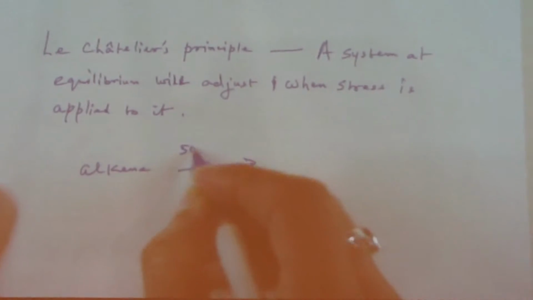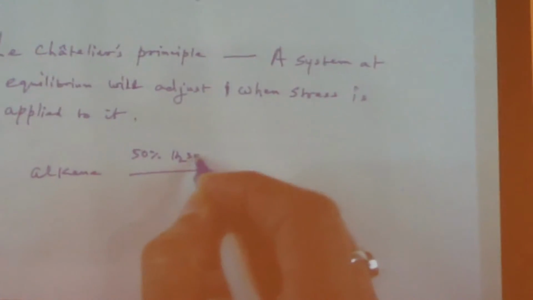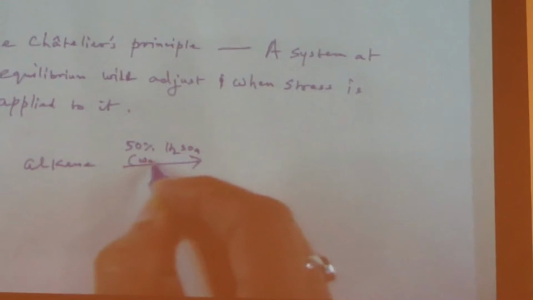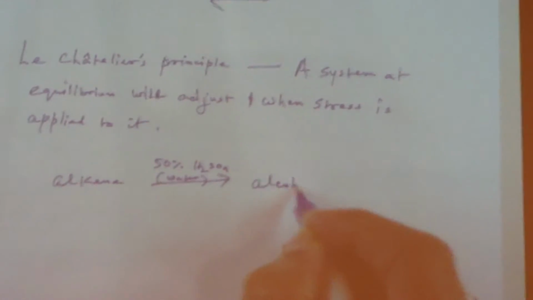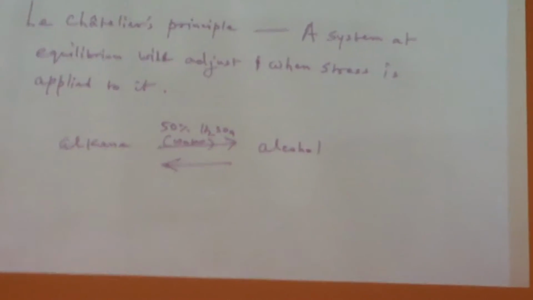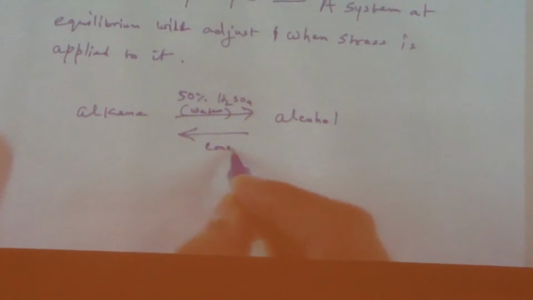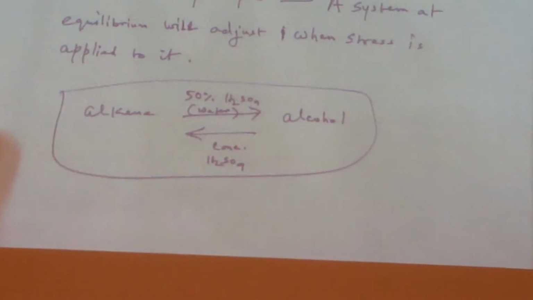So from an alkene, you want to add 50% sulfuric acid with water and go to the alcohol. And when you want the alcohol to dehydrate and generate the alkene, you actually use concentrated sulfuric acid with very little water. So that allows you to manipulate reactions.